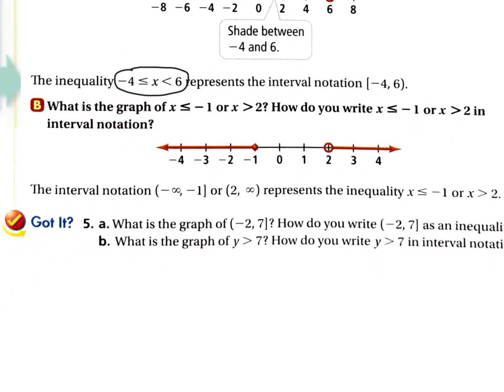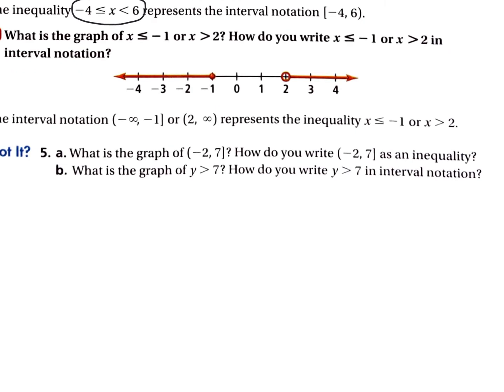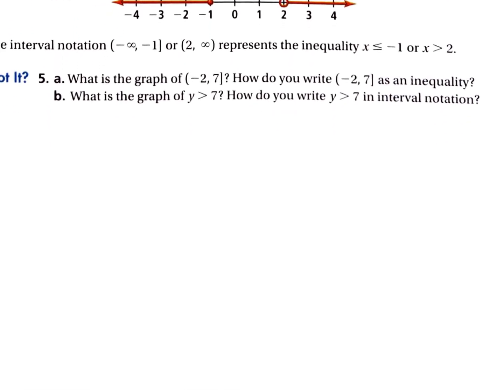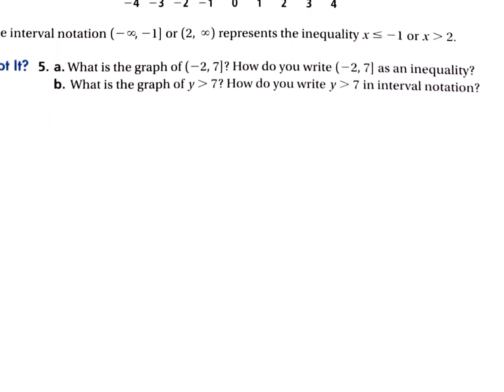So if you look at number 5, part A, they're wanting the graph and how we would write the inequality of that. So the graph, and that would always be my starting point. On a question, they might say, what's the inequality, and graph it. I'm going to graph it first because that's going to be a simpler process.